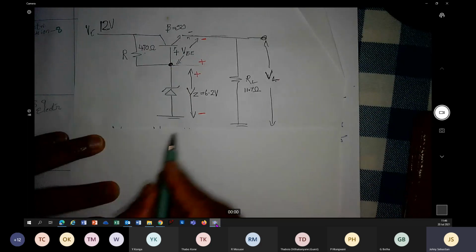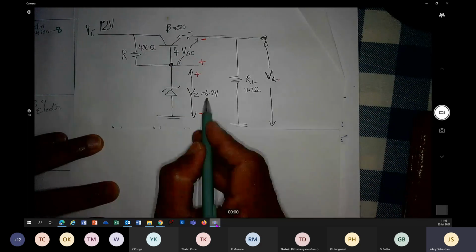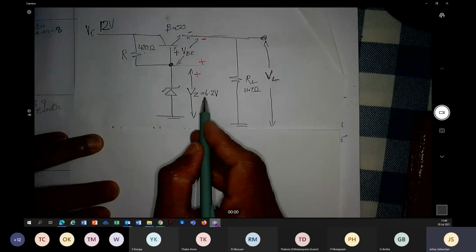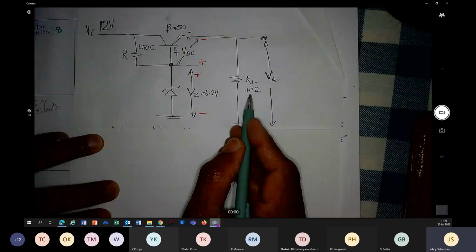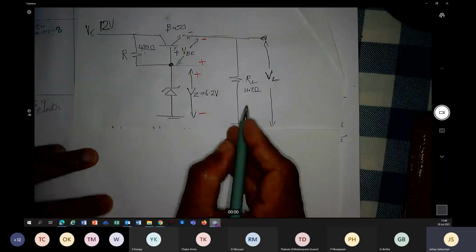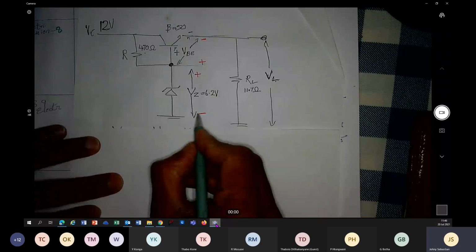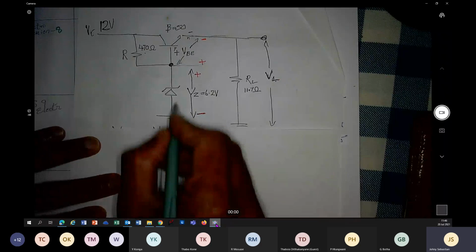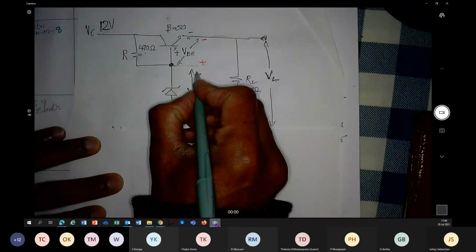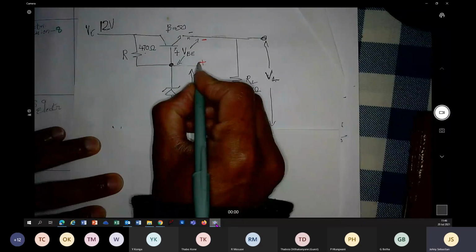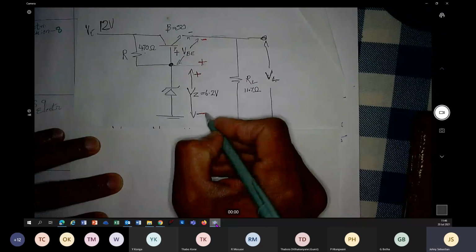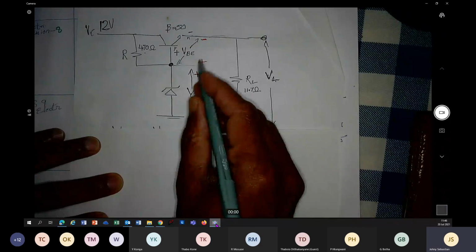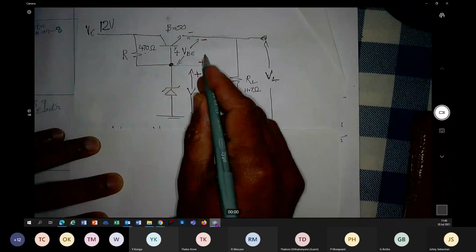You have a Zener diode with a Zener voltage of 6.2 and RL is 11.7 ohms. Where do we start? See, negative, positive, positive, negative. That is, VZ minus VBE is VL.